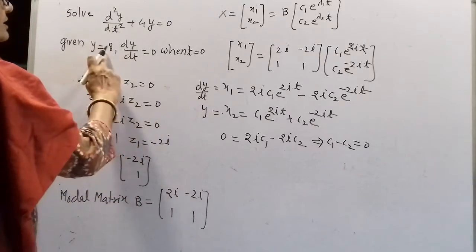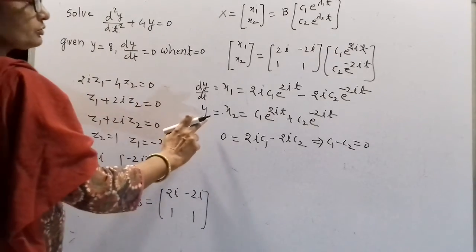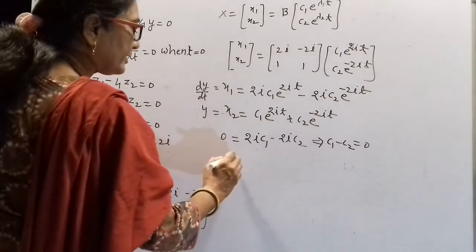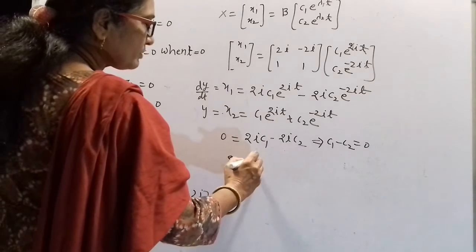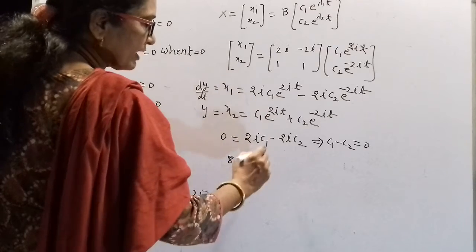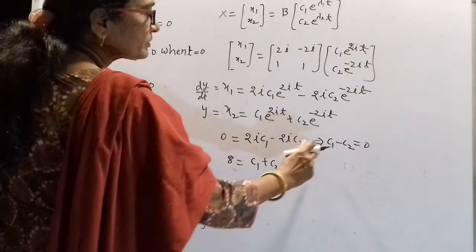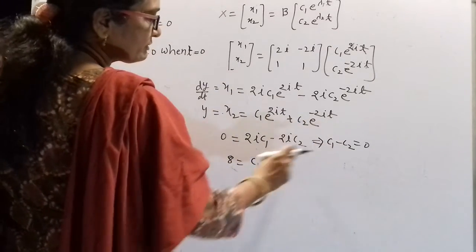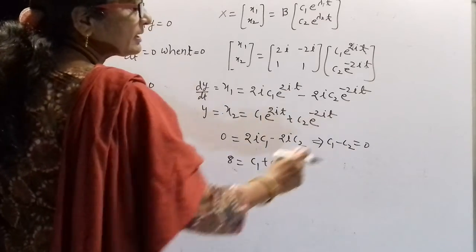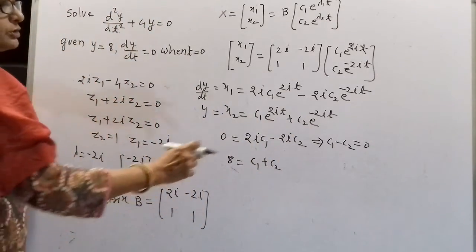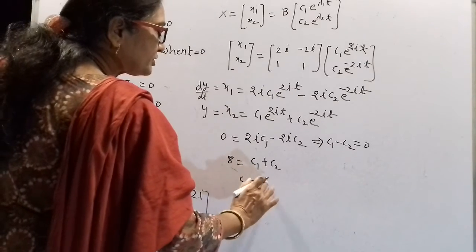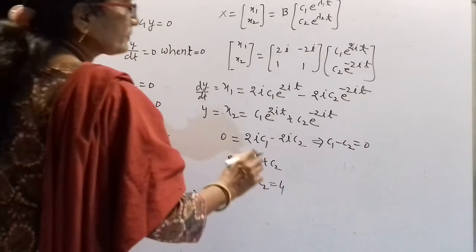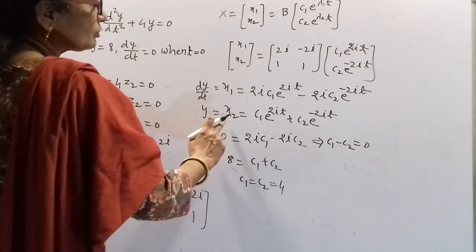And here we put y equal to 8 when t is equal to 0. In this equation, y equal to 8 when t is 0, that is c1 e to the power of 0, which is 1, c1 plus c2. Now c1 plus c2 is 8 and c1 minus c2 is equal to 0. Solving these two equations, we get c1 equal to c2 equal to 4. So now c1 and c2 are both 4.